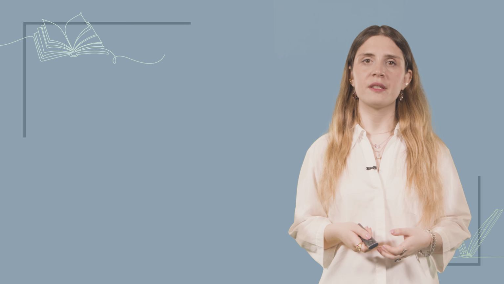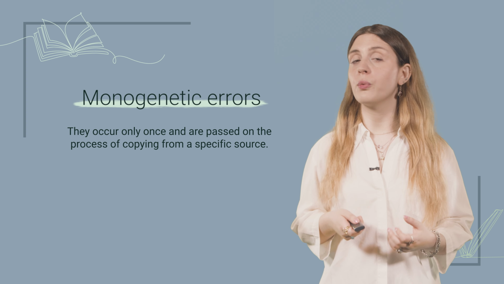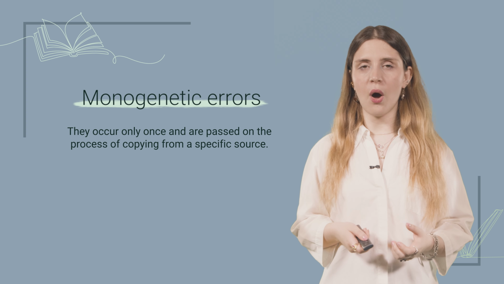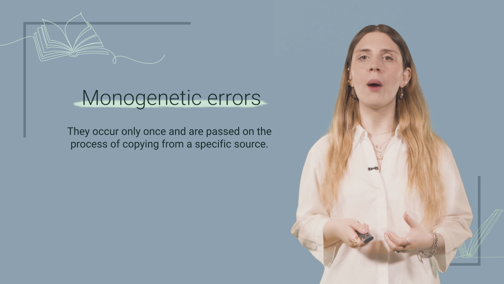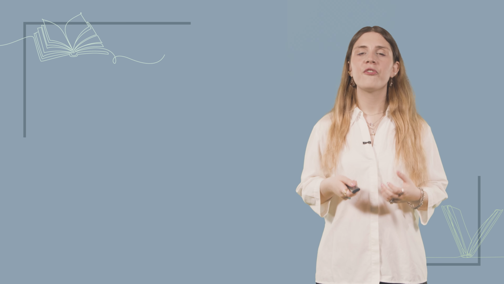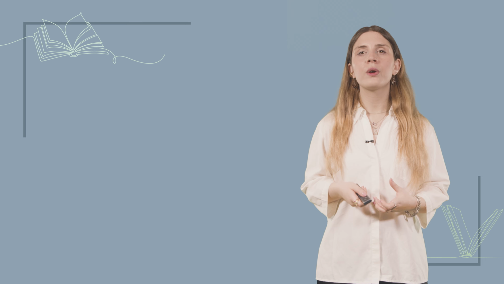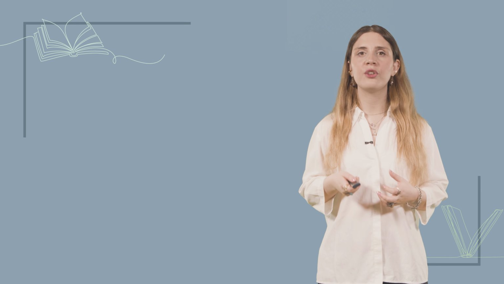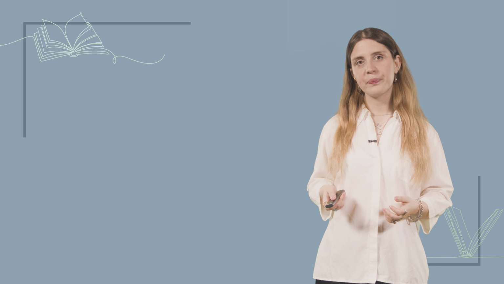By contrast, monogenetic errors only occur once, and are passed on exclusively through the copying process from a specific source. From now on, we will focus precisely on these monogenetic leading errors.